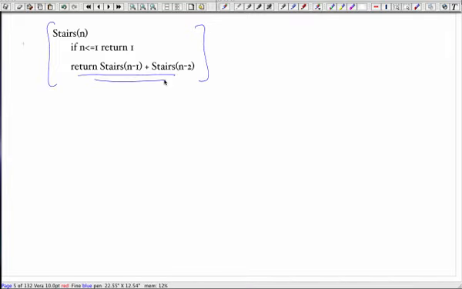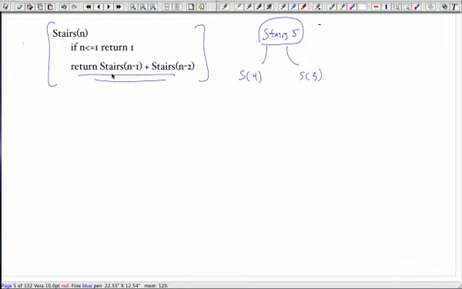In divide and conquer, when we came up with an algorithm or a recurrence, our implementation exactly mimicked the recurrence. So if that was our lesson, this is what we're doing here. Let's take a look at what happens. So let's say we start with stairs of 5. Now that's going to make 2 recursive calls, stairs of 4 and stairs of 3.